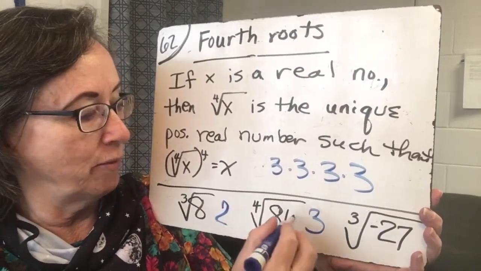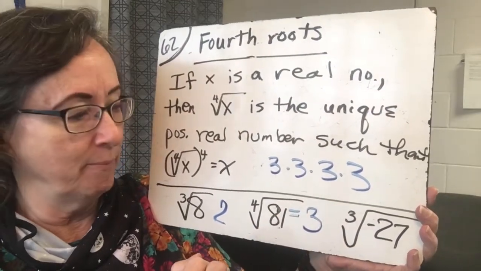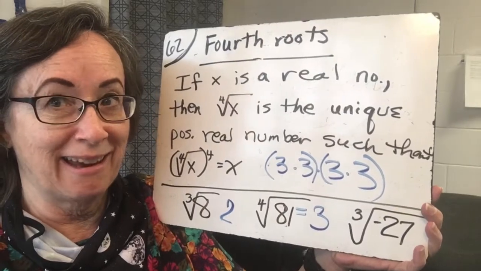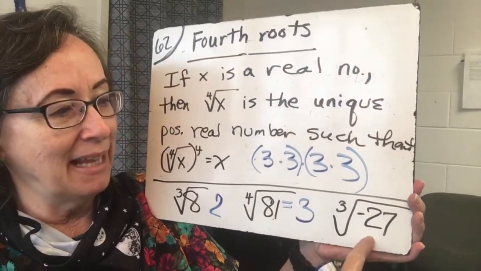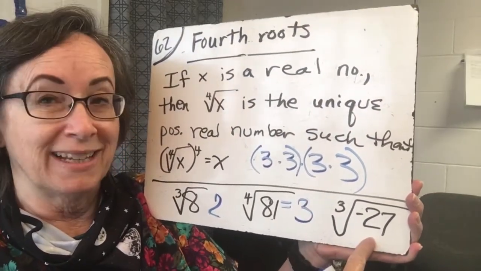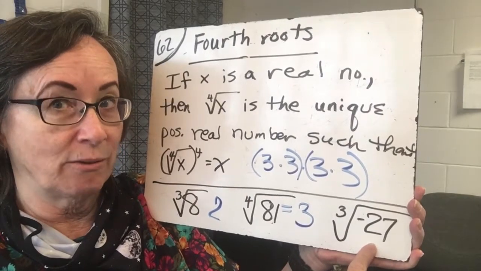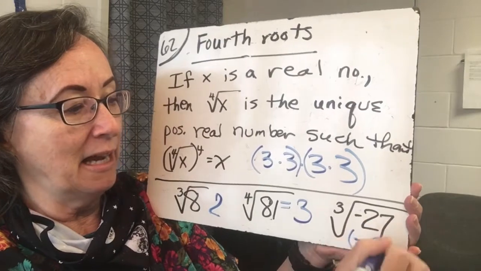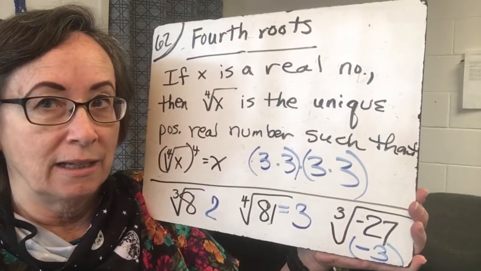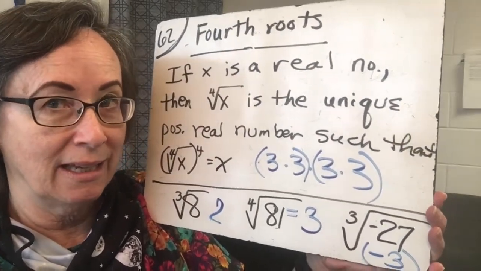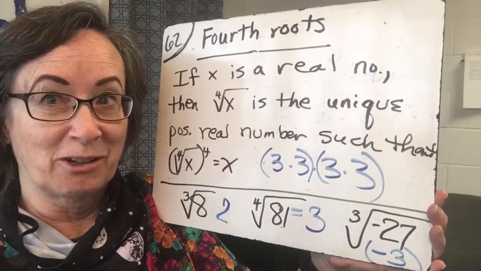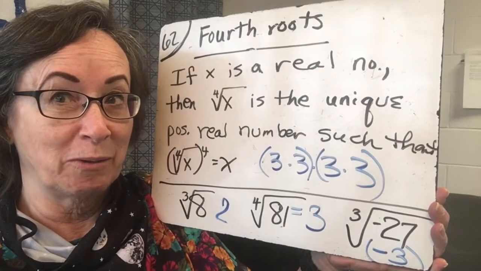Can you see the 9 times the 9? We know 9 times 9 is 81. And then the cubic root of negative 27 is okay, because negative 3 times negative 3 times negative 3 is negative 27. So those are higher roots that we're going to be working with.